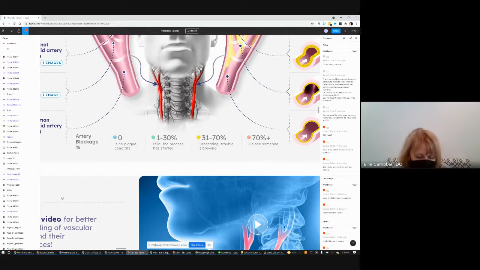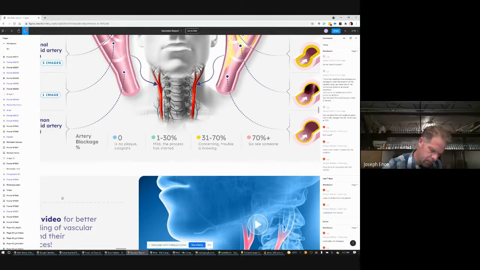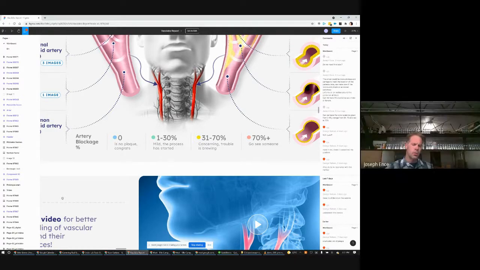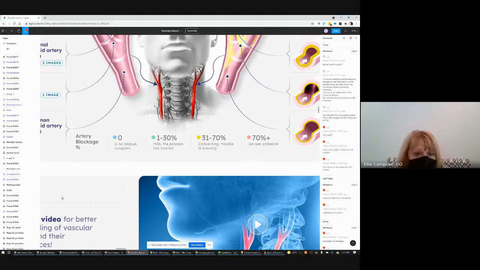With the comment that zero is the best, but even zero plaque in the face of CIMT still needs treatment, right? So a zero artery blockage doesn't necessarily mean no disease. That's why I'd probably lump them all together. They don't need to see a vascular surgeon. Are you saying you want a total score, like IMT and plaque combined? I'm trying hard to keep them separate. No, not at all.